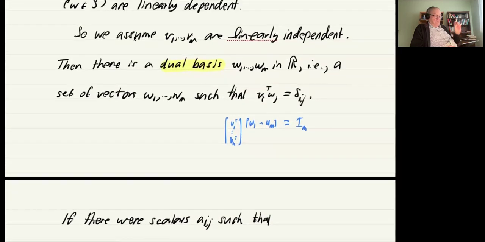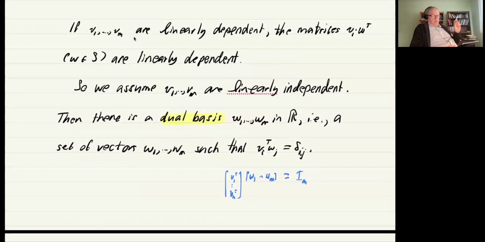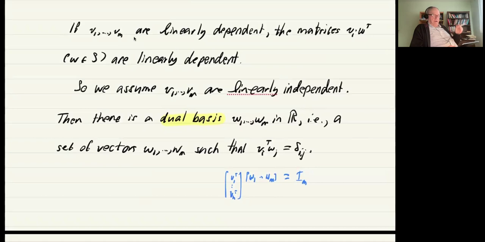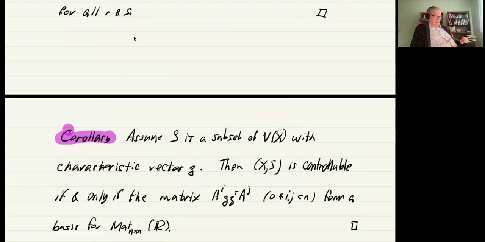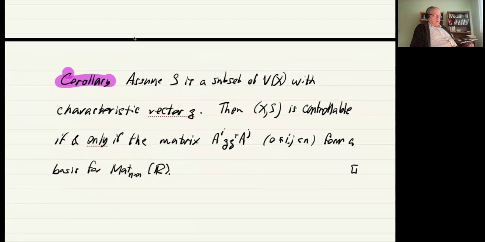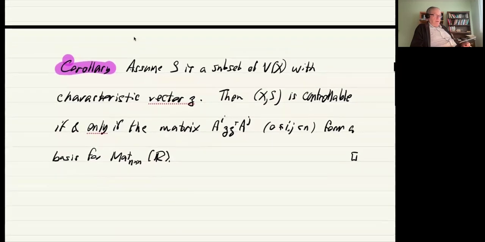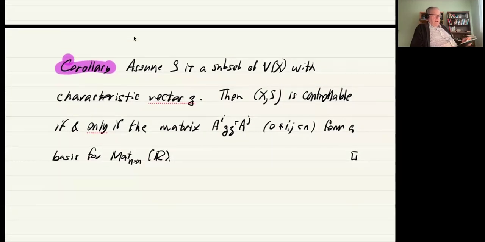So the point is, if the vectors v1 through vm are linearly independent, then the m squared outer products are also linearly independent, which is kind of nice. You've gone from an independent set of size m to an independent set of size m squared, which is not something you usually do with linear algebra, but there it is. And this leads to a nice corollary, and this is what we want.